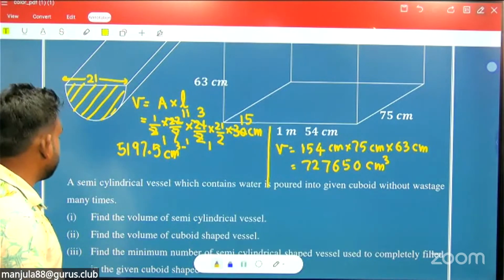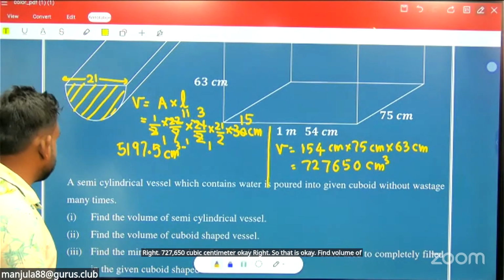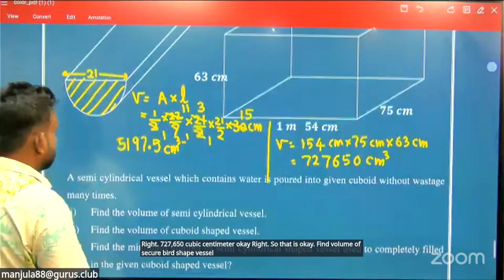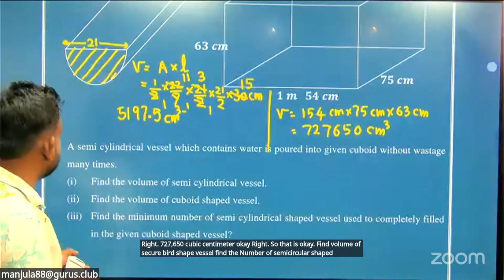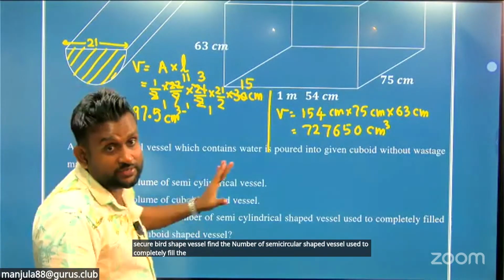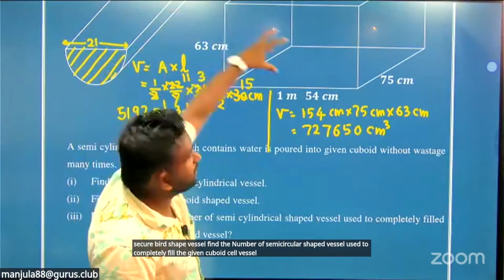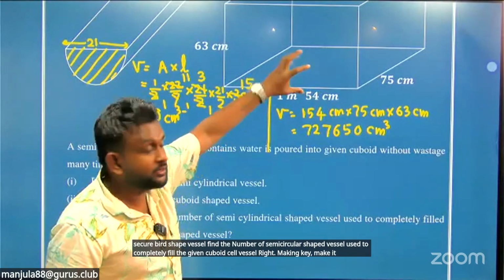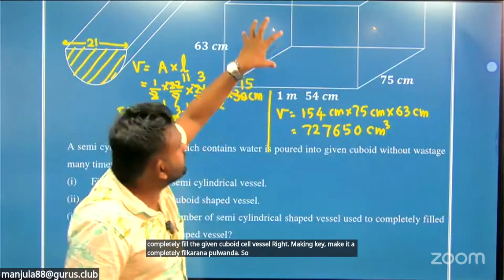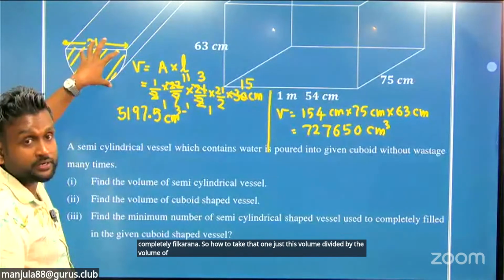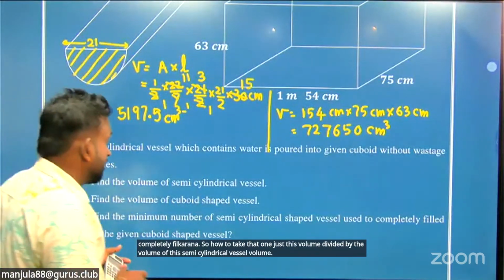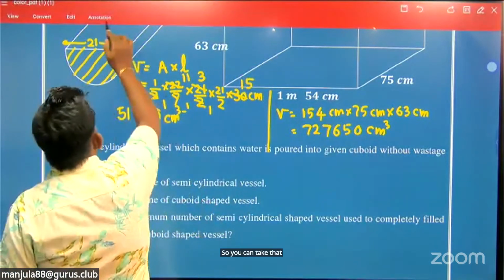So find the volume of the cuboid shaped vessel. Then find the number of semicircular shaped vessels used to completely fill the given cuboid shaped vessel. So how to take that? Just this volume divided by the volume of this semi cylindrical vessel. So you can find how many there are.